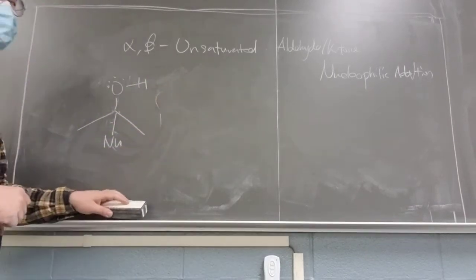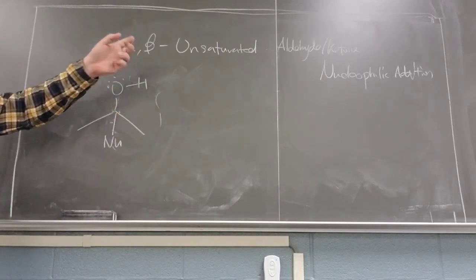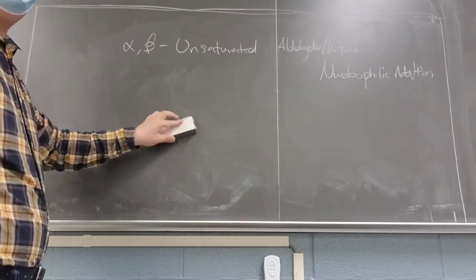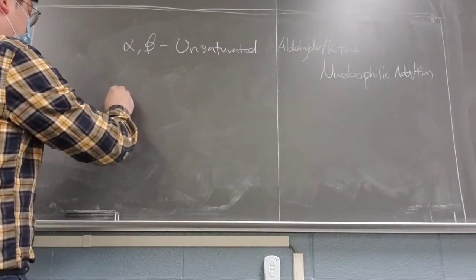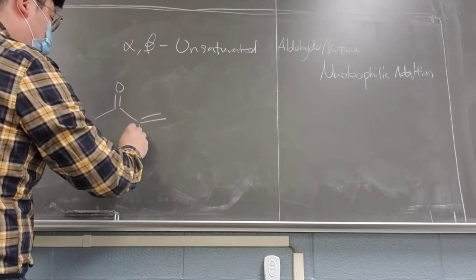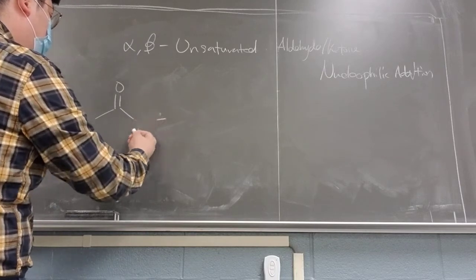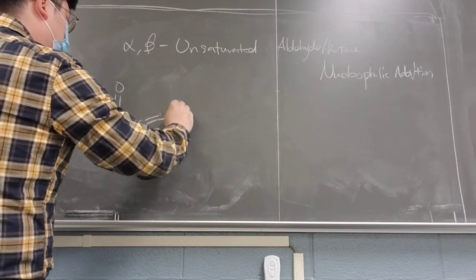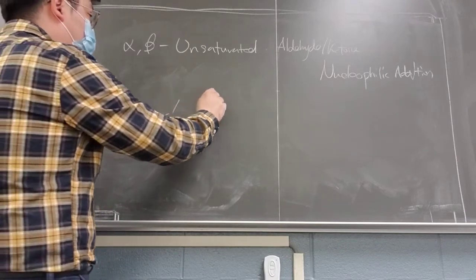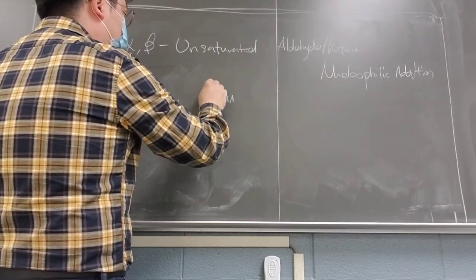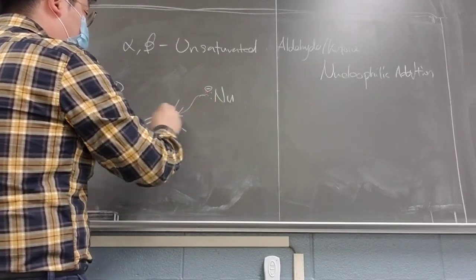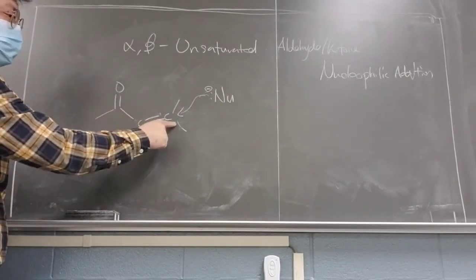Something different happens if the alpha and beta carbons are unsaturated. Besides the regular case, you have a carbonyl group and also a carbon-carbon double bond. The nucleophile, either negatively charged or neutral, though we normally use one with a charge, is not attacking the carbonyl carbon but attacking here.